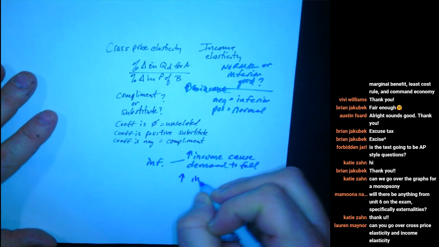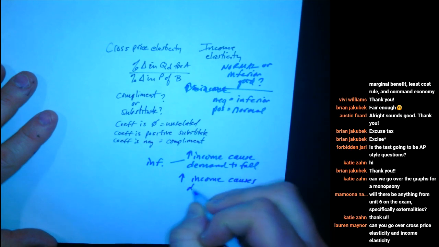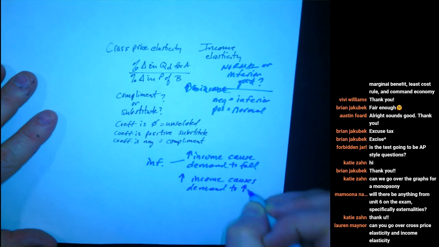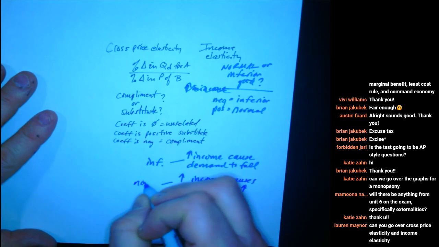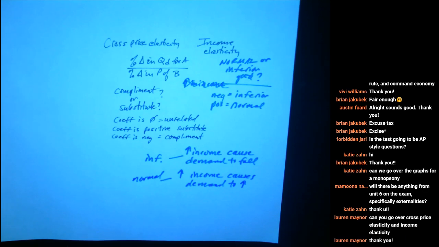And an increase in income causes demand to increase. And that's normal. Okay, so that's how those two are figured. I know that was from a while ago, but that's the income elasticity of demand.